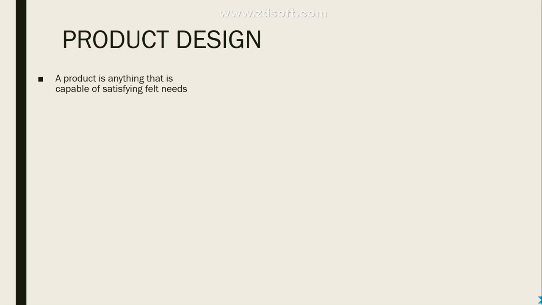A product is anything that is capable of satisfying the felt needs, necessities, expectations or wants of your customers, which we have already discussed in our earlier classes. So a product is a commodity which is capable of satisfying the needs of your customers.